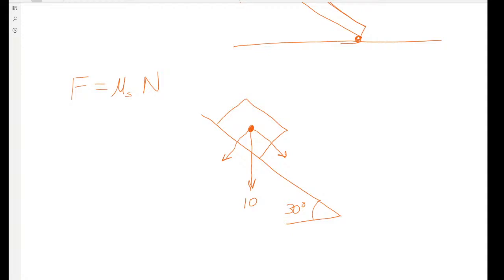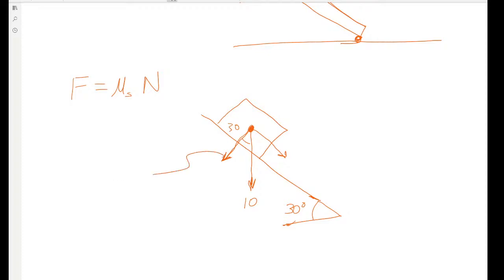Well, it turns out that since this line right here crosses this line perpendicularly, and this line right here crosses that line, this in fact becomes the 30 degrees. So you've got a situation where you can easily determine this.